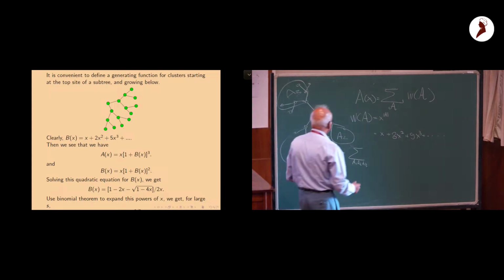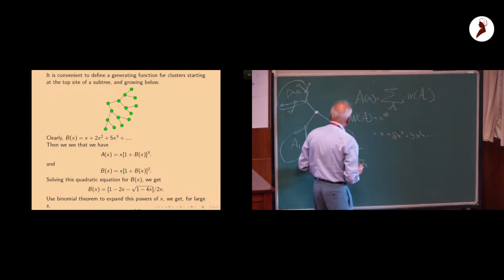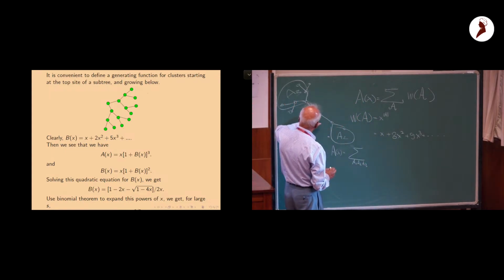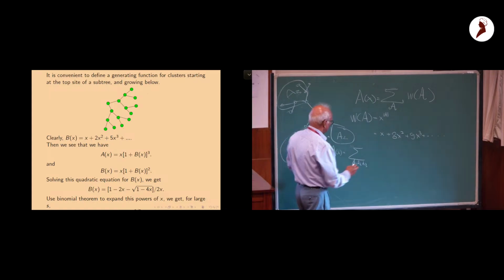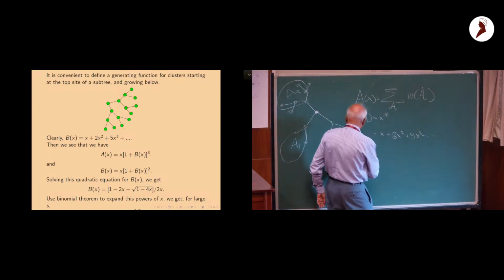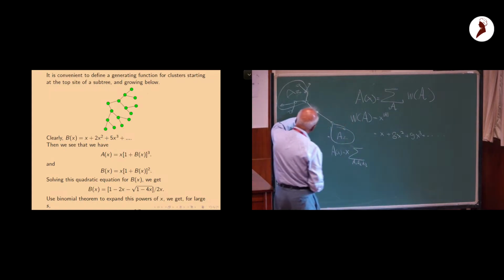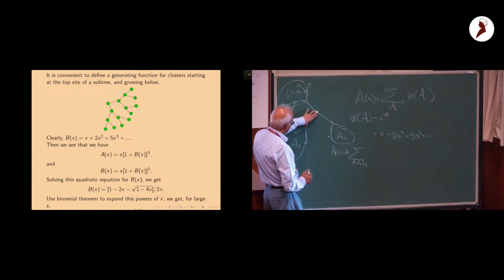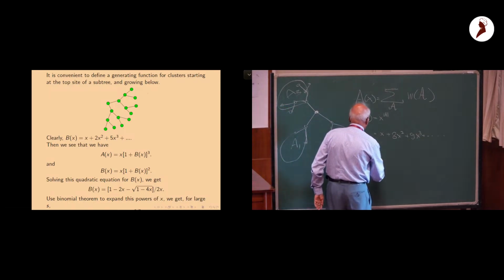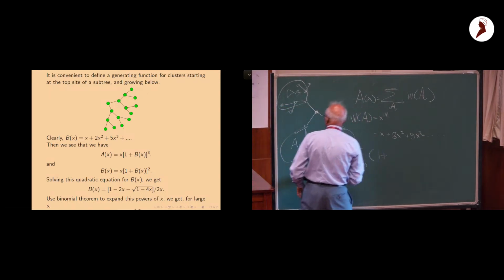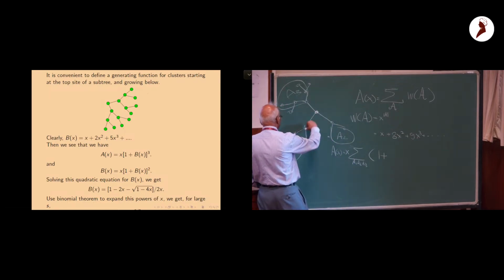And so if there is an animal which is made up of this side plus this plus this plus this, it is x times, now I want to sum over all these things. So maybe there is nothing here.